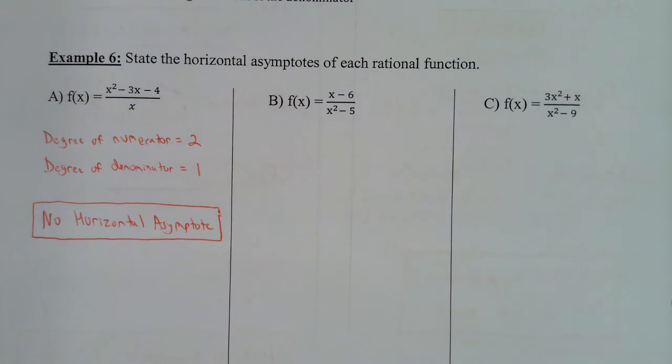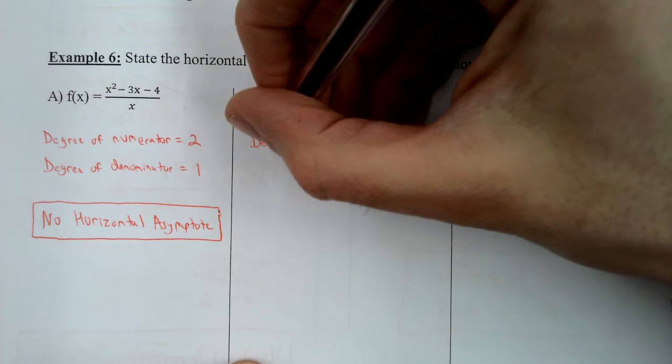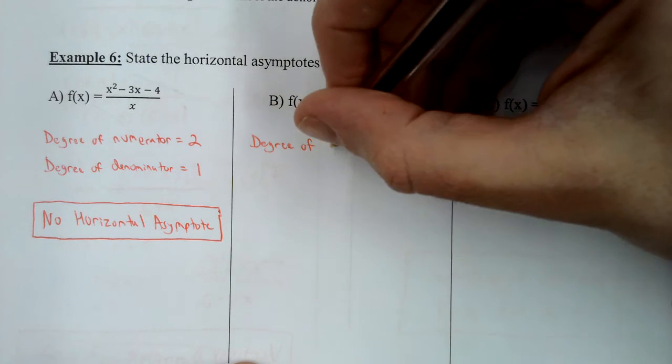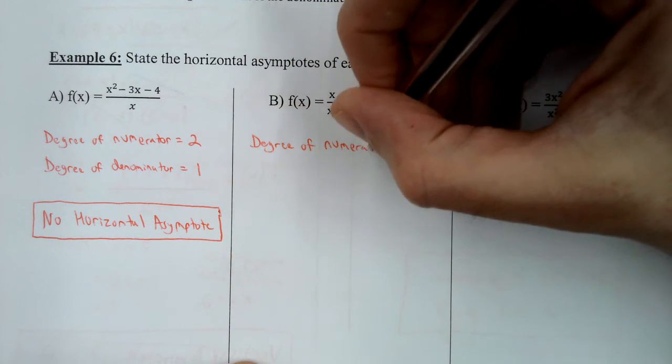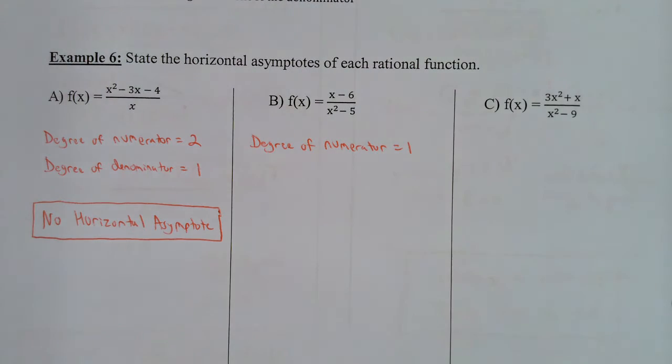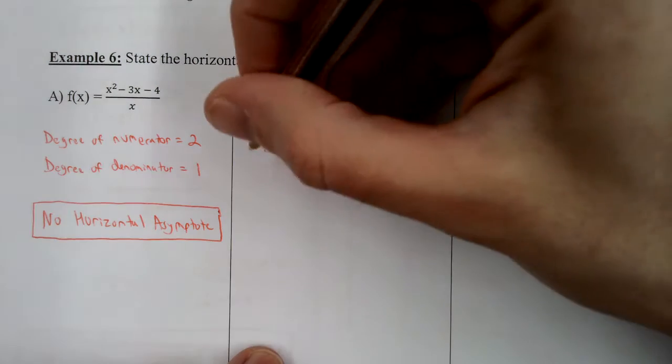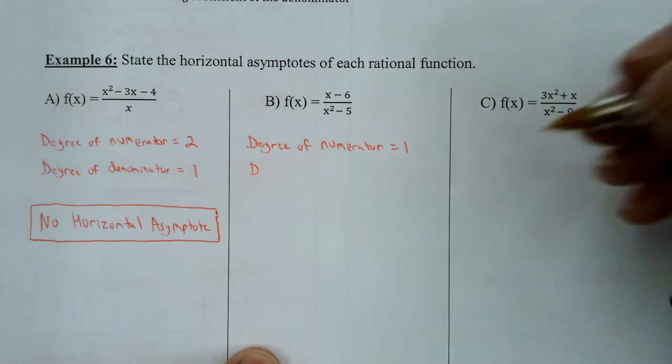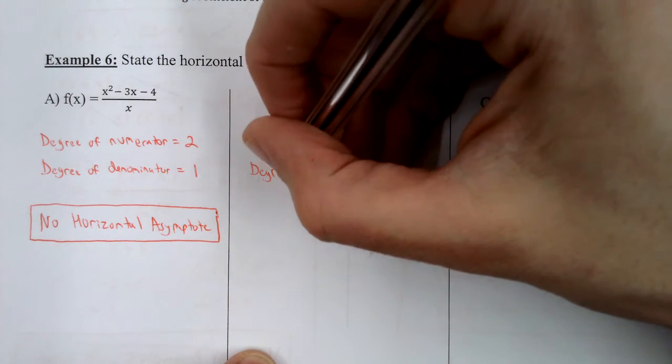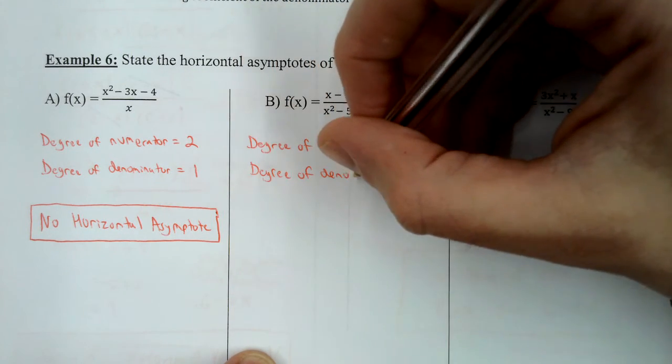Part B, the degree of the numerator equals 1, the degree of the denominator equals 2. Degree of numerator equals 1. Remember, if you have just one variable, then it's whatever the highest exponent is. Make sure it's in standard form, though, to help you see it better.